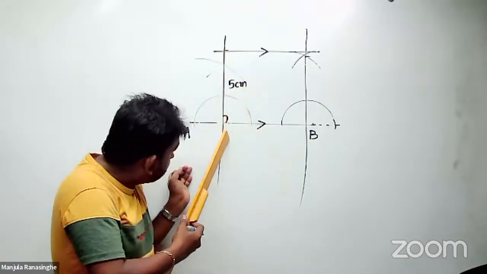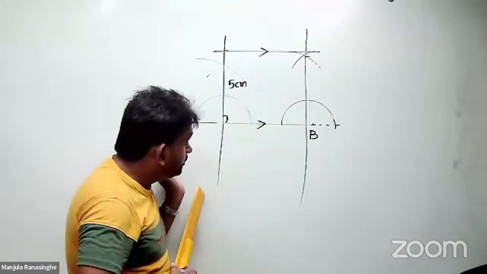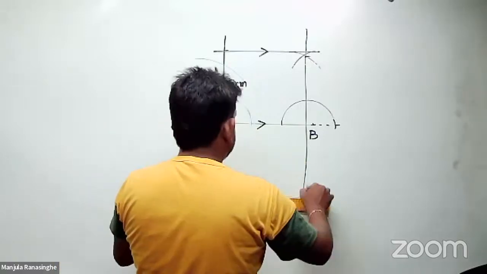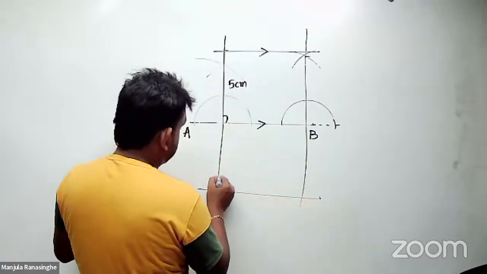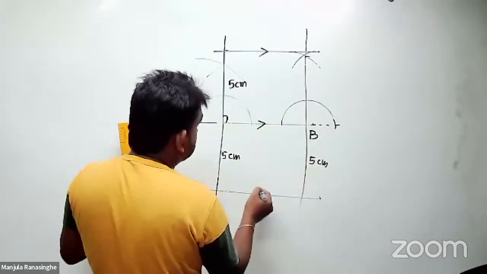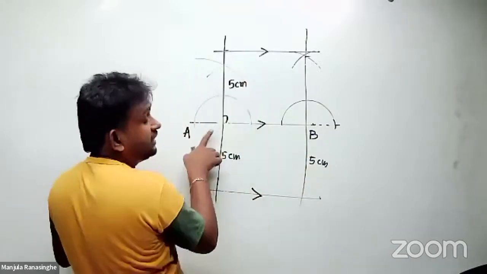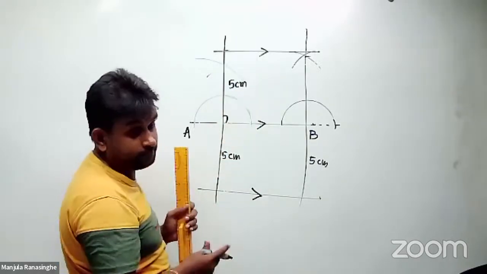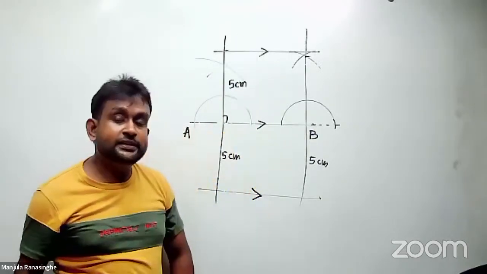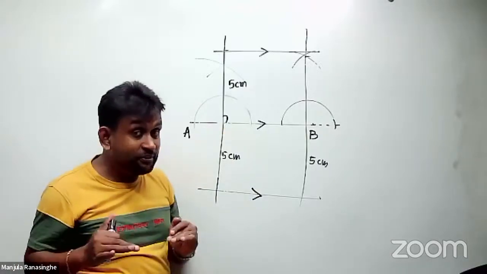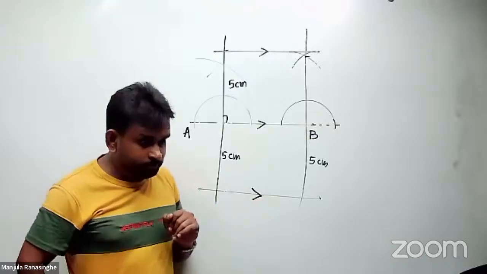So you may have two parallel lines to the given line AB, 5 centimeters apart from the top and the bottom. Okay, that is how you draw a parallel line when the distance is given.